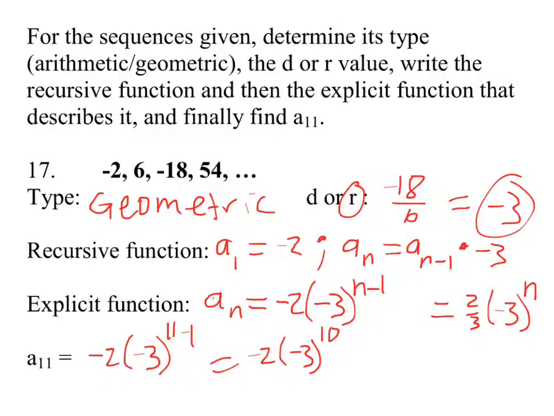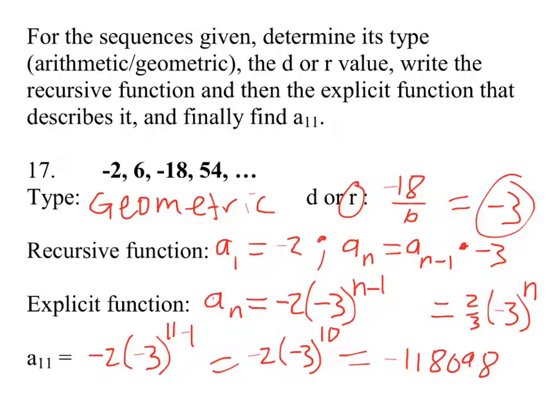So you're going to put in -3 to the 10th power, and then you're going to times that by -2, and that's going to give you a fairly large number of -118,098.